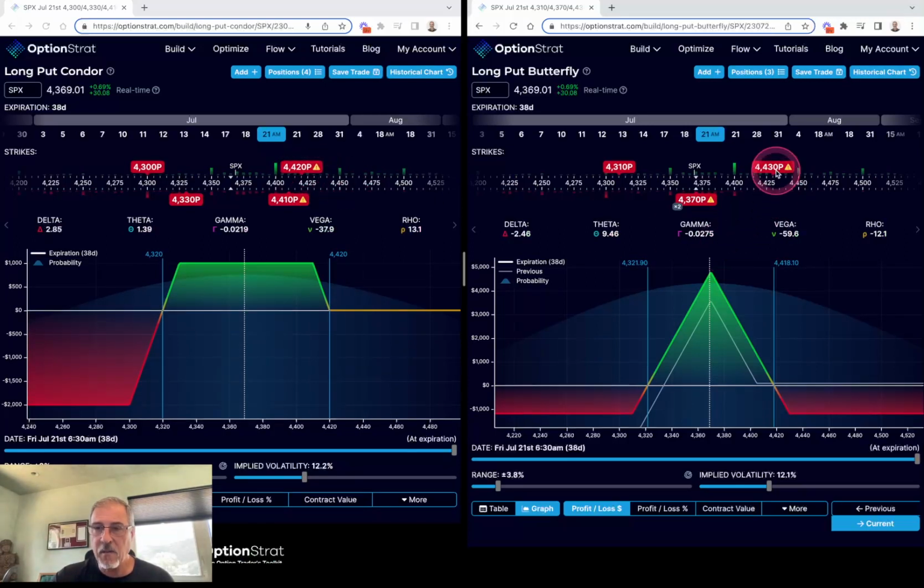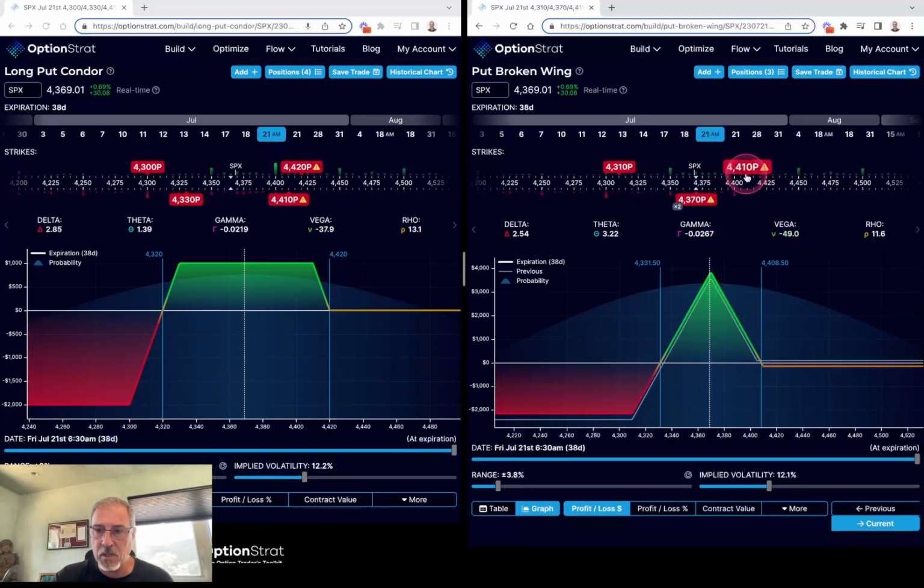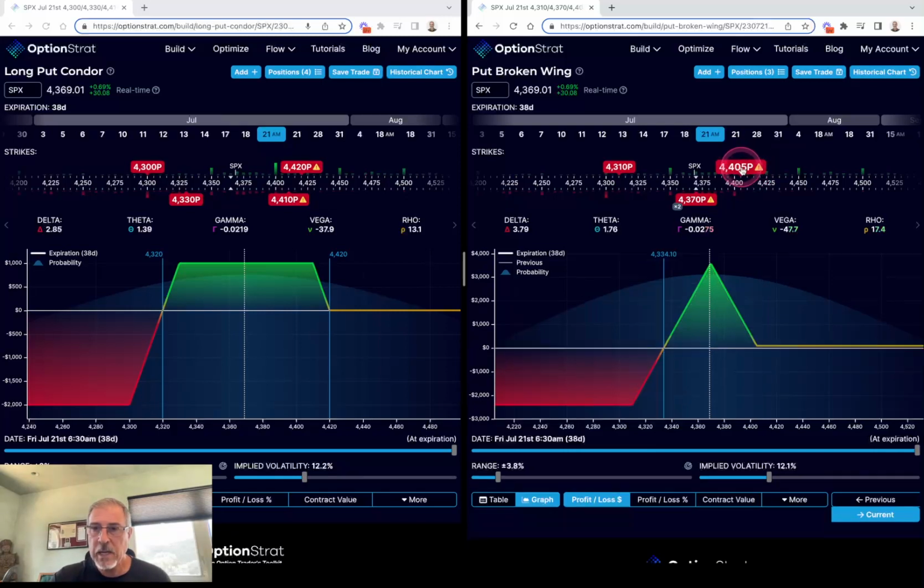And again, if I have an opinion that the market is in a pretty bullish mode right now, and I don't want to be encumbered or lose money if the market continues ripping up, then this is the structure that I want to be in. Again, if I have that bullish opinion, we're back to positive delta there. So hopefully that gave you a fairly decent sense of these two.